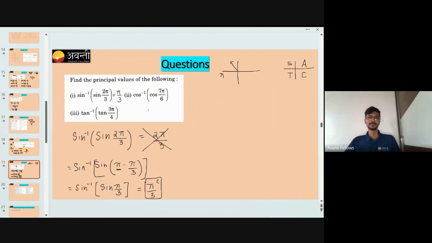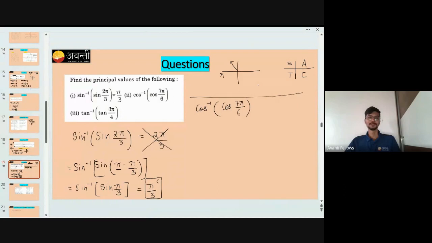Let us try one more example, which is the second one. The second question is cos inverse of cos 7 pi by 6. It is a very interesting example. Now, does 7 pi by 6 belong in the PVR of cos inverse?